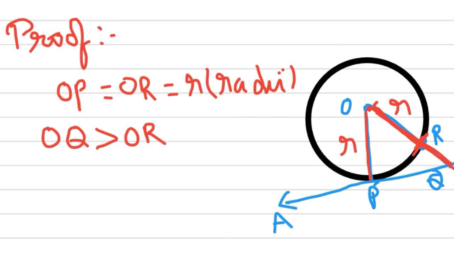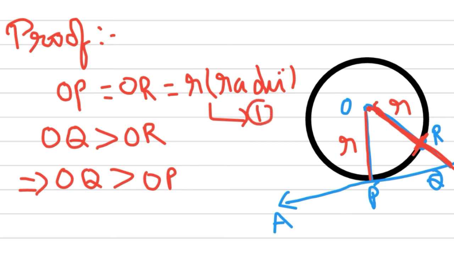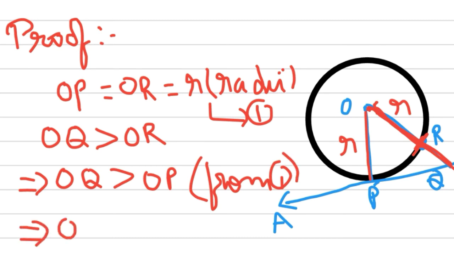So from the diagram we can clearly say that OQ is greater than OR. From this I can say that OQ is greater than OP, from equation 1. Otherwise this can be said as OP is less than OQ.